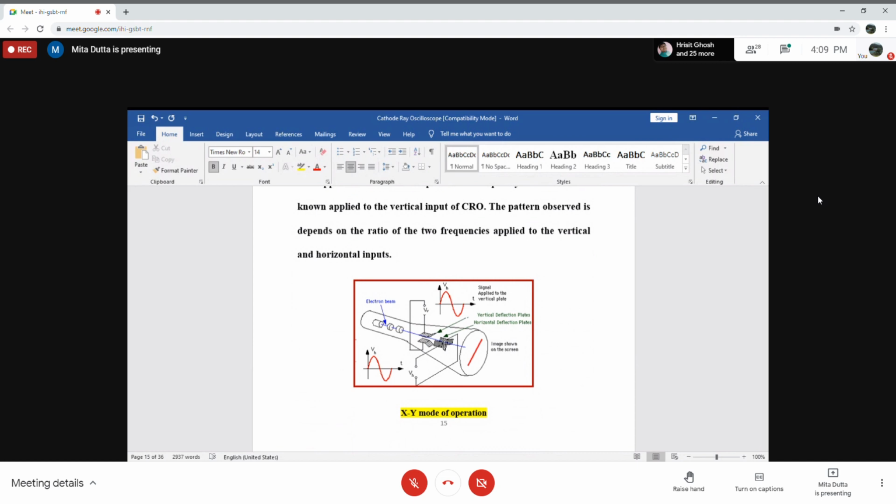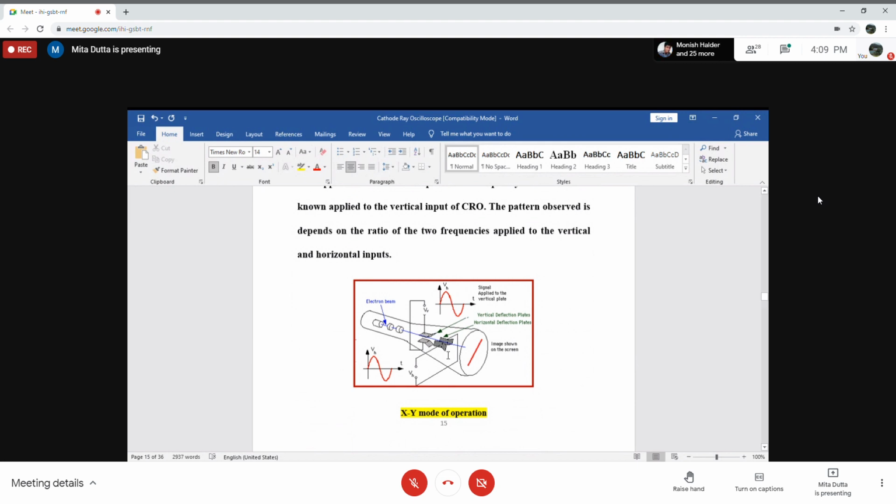We have different patterns of Lissajous figures for different frequency voltages applied to the horizontal and vertical deflecting plates, as well as if the two waveforms have a phase shift between them.